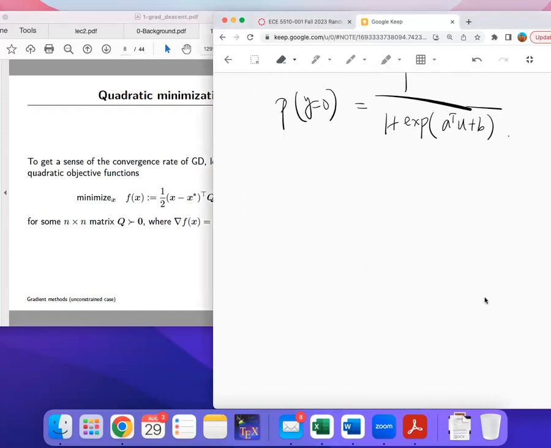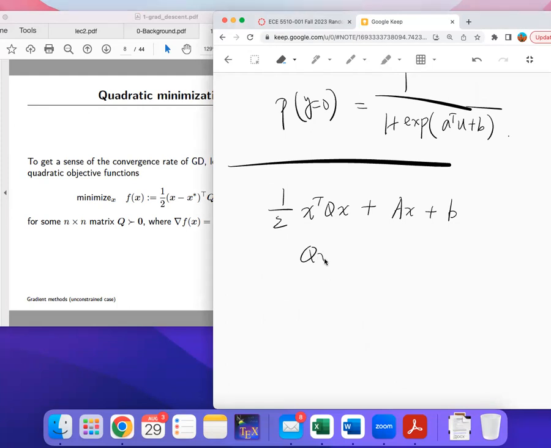But of course, in practice, we may deal with a general quadratic function, and you have this linear term, right? And let's say Q is positive definite. So this is a strictly convex problem. The minimum is given by setting the gradient to 0.